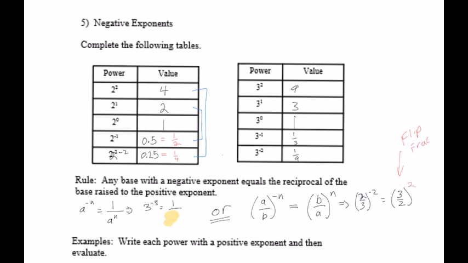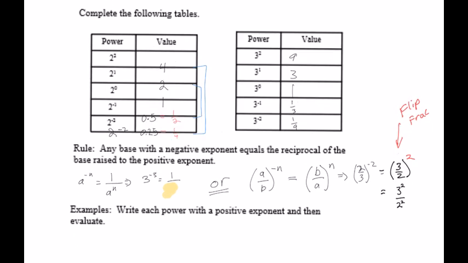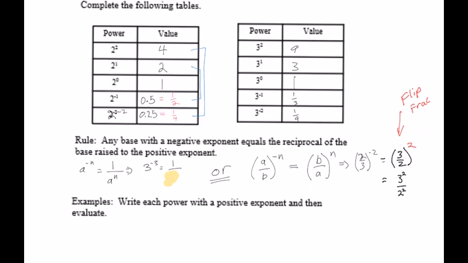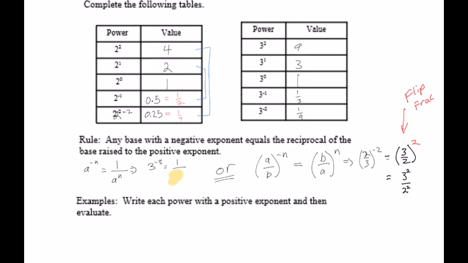Then we're going to follow the rules from last time. If there was no exponent on anything on the inside, we transfer that exponent to all the numbers on the inside. So now we end up with 3 squared over 2 squared, which ends up being just 9 over 4.